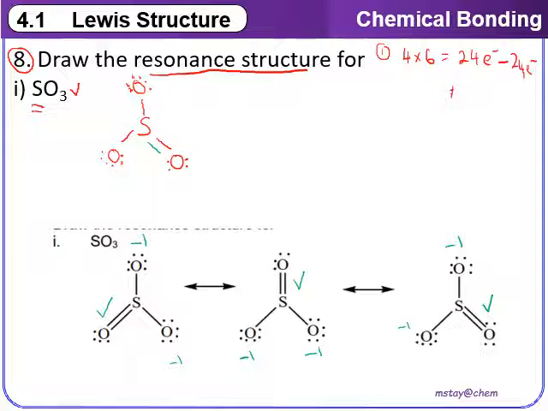And the sulfur always has a formal charge of +2. The same happens to the oxygen double bonded with sulfur, which always has a formal charge of 0.